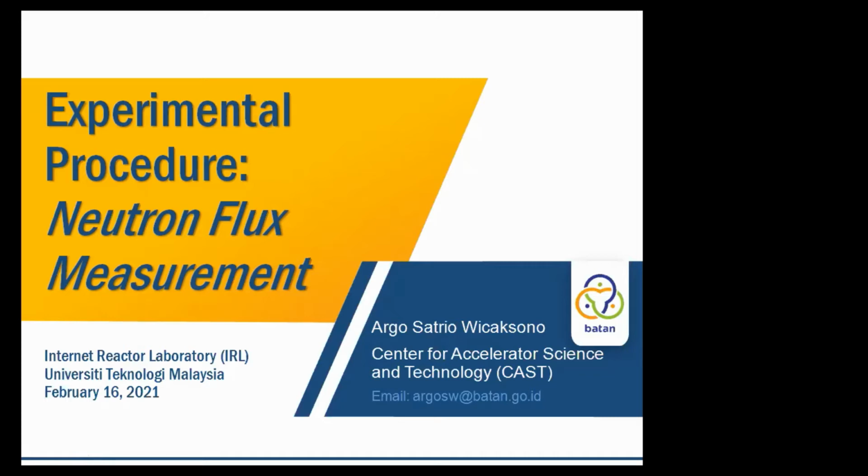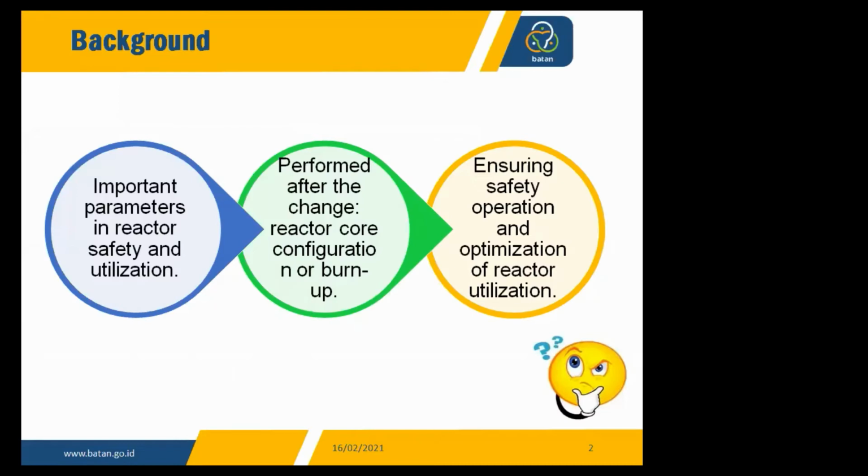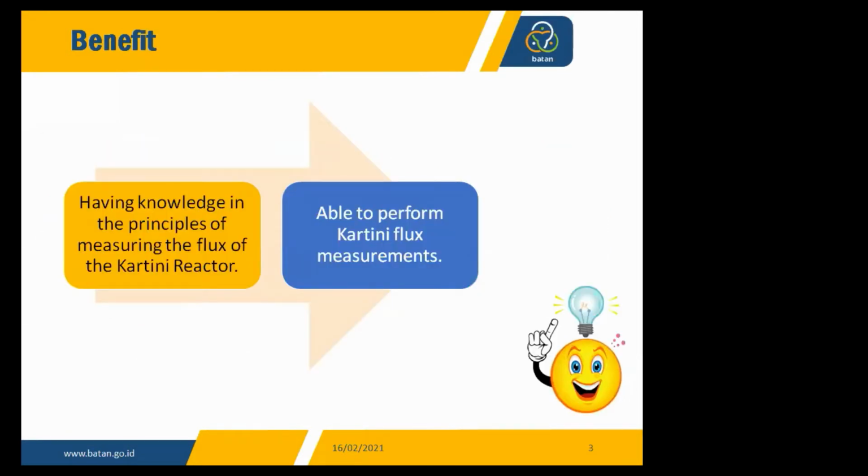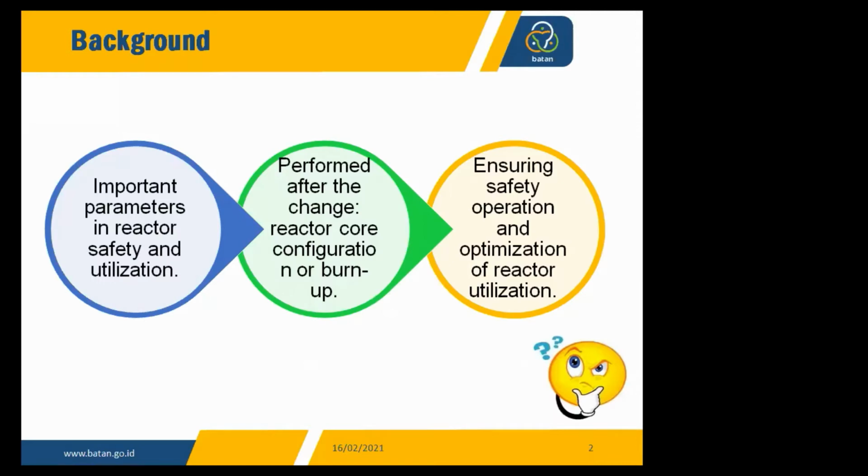Today, I would like to talk about the experimental procedure about neutron flux measurement. At the beginning, I will give you some background information for this experiment. Neutron flux is one of the important parameters for safety and utilization of the research reactor. So neutron flux measurement is usually done after the core configuration or burn up of the fuel element has been changed.